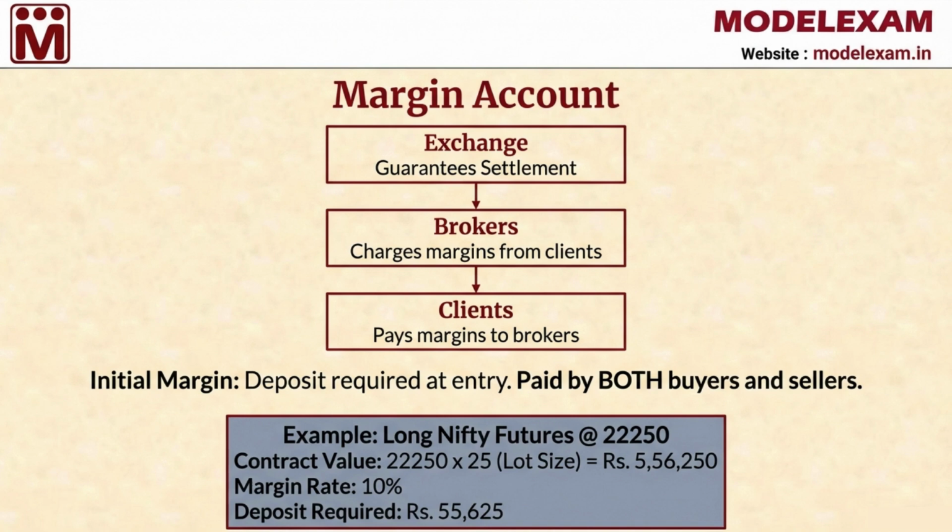For instance, if you buy a Nifty futures contract on May 14, 2024, at 22,250 with a lot size of 25, the total contract value is 556,250. If the broker requires a 10% margin, you would deposit 55,625. Both buyers and sellers pay this to ensure the trade is honored.